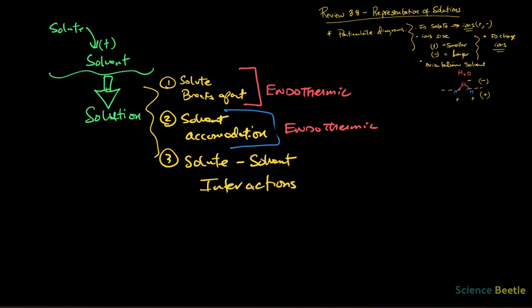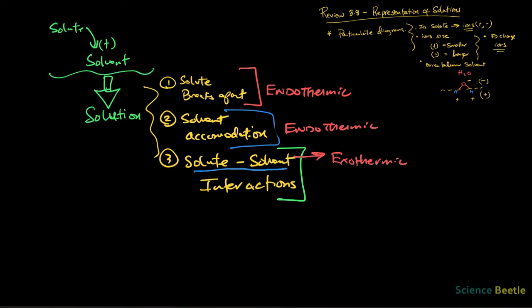Now, the last part here, when the interaction takes place: you could have a very strong interaction between solute-solute, a very strong interaction between solvent-solvent, or a very strong interaction between solute and solvent, which is what I've already indicated here. If this interaction is the strongest, this leads to a very positive outcome, and this is going to wind up being exothermic, depending on the strength of that attraction.